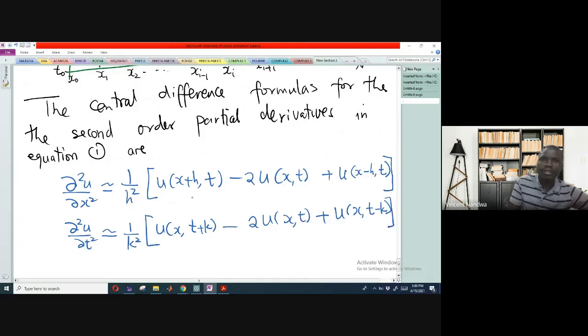So they ideally take the same structure. Call this one equation 3.